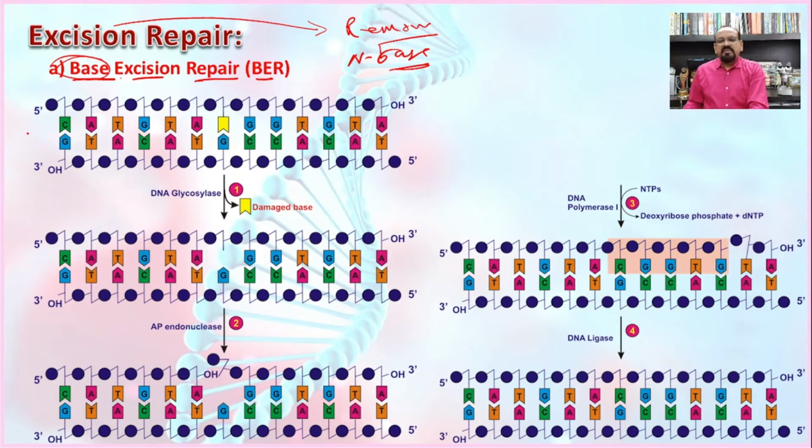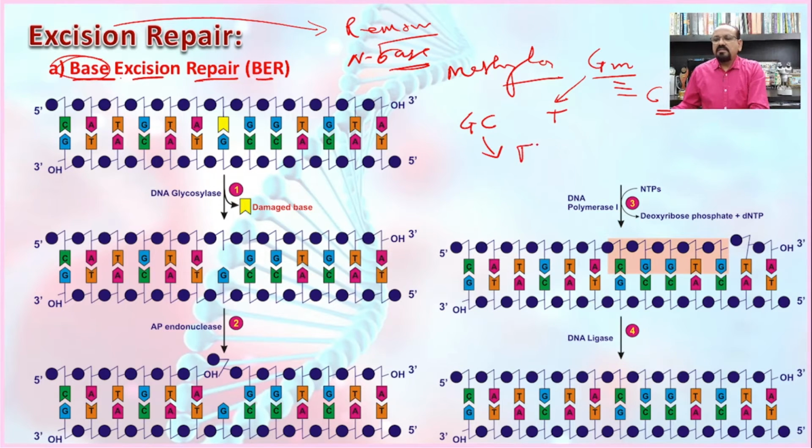If there is a damaged base, for example by methylation of the guanine, which commonly pairs with the cytosine with 3 bonds, then when it is methylated, instead of pairing with the cytosine it binds with the thymine, and later on the GC pair will be replaced by it.